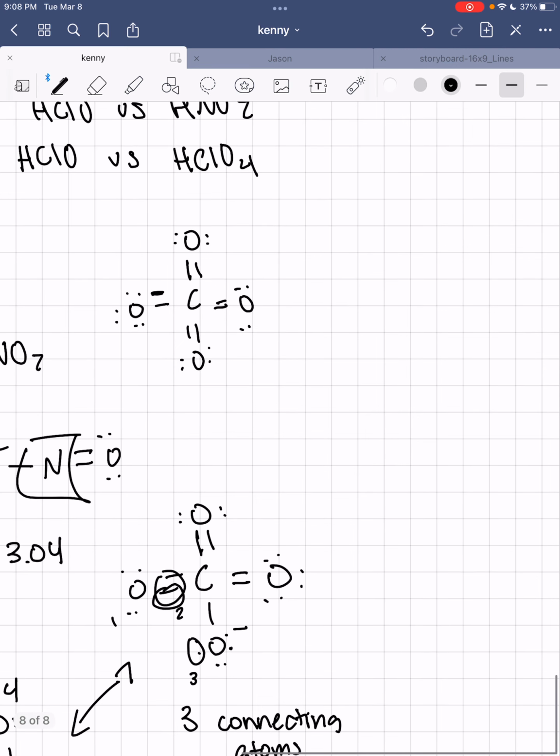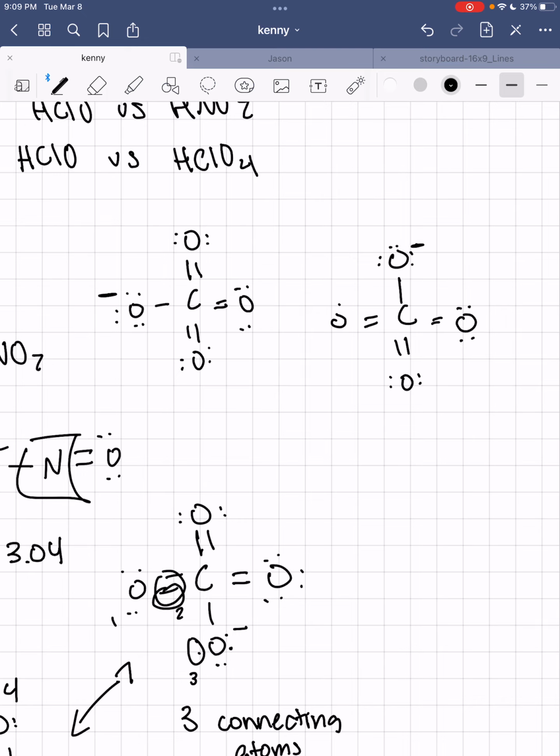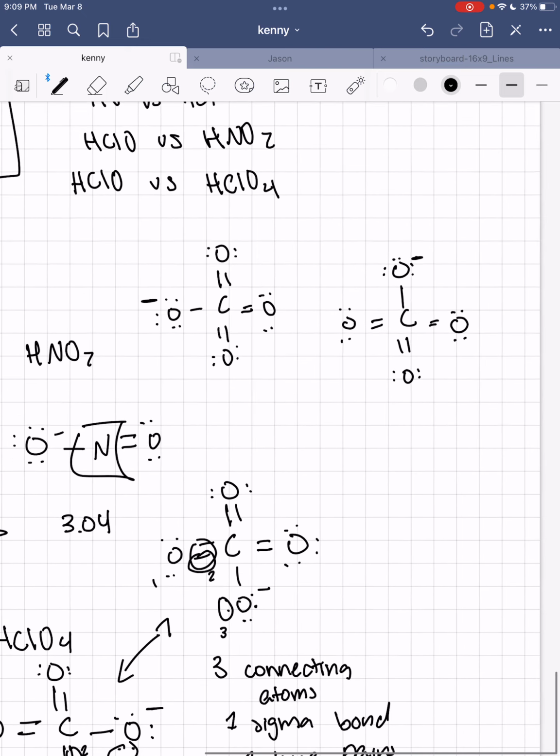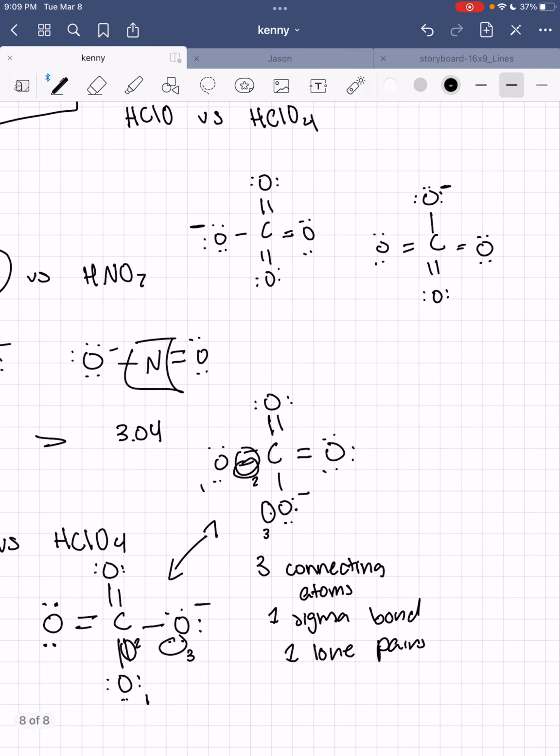Let me write that over here so you can see the negative charge better. And then you do the same process over here to get this resonance structure. And then when you combine all these to form a resonance structure, it would look something like this.